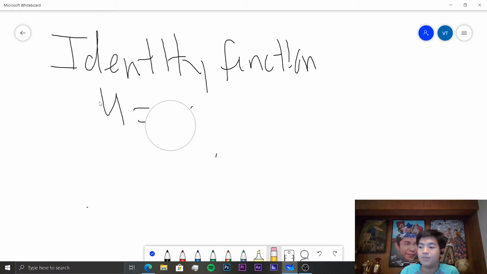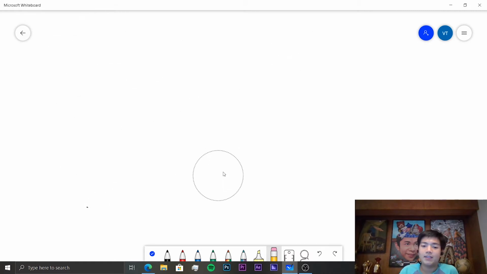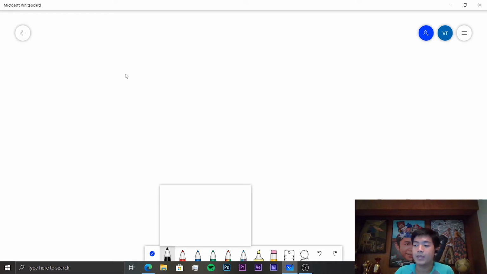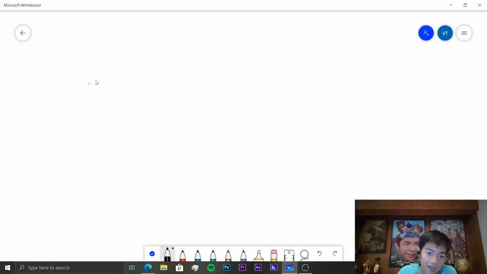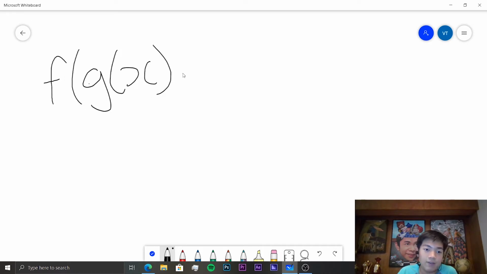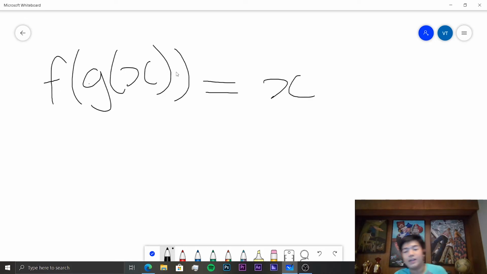Okay, the next thing we need to talk about is the inverse of a function. Say we have a function g of x. The inverse of the function, f of x, will make it so that the output of f of g of x would be equal to x again.